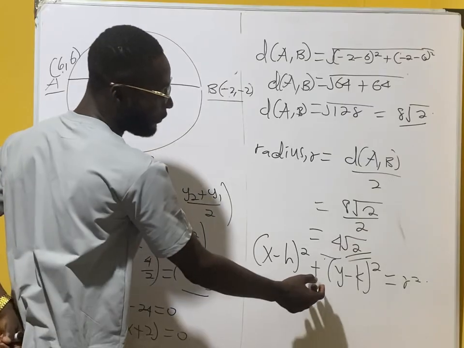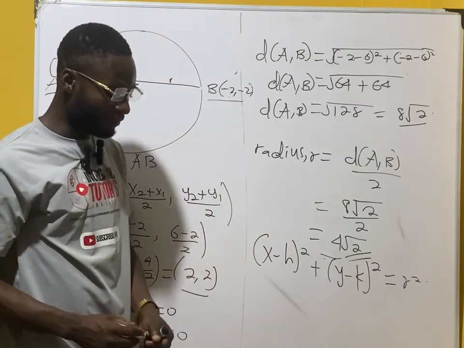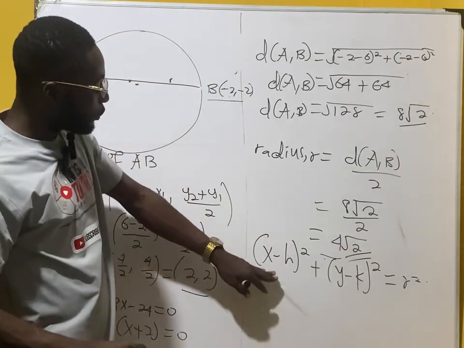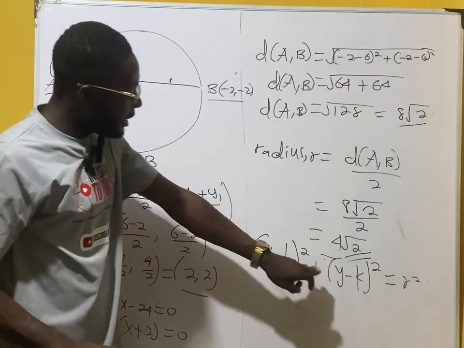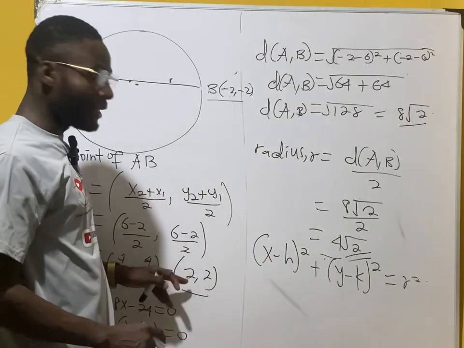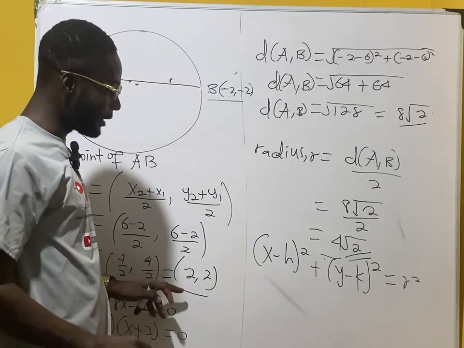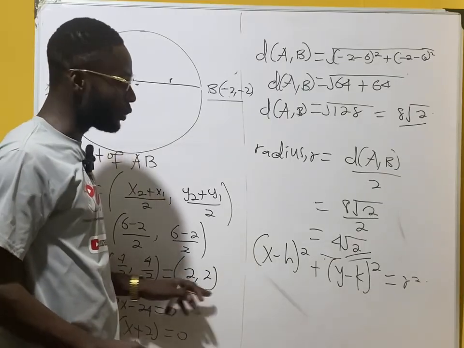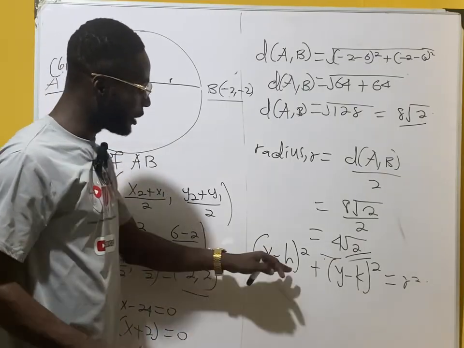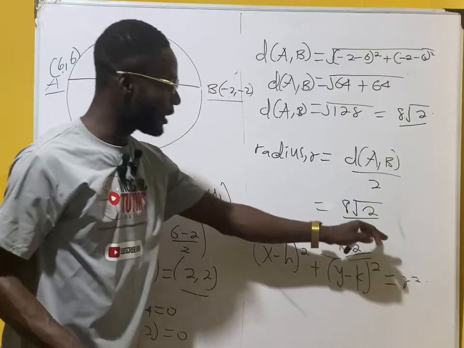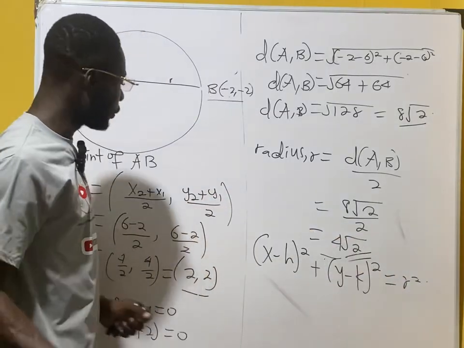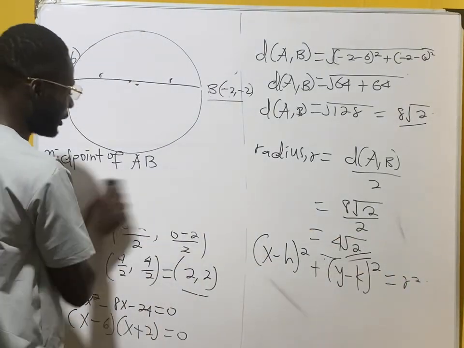That is the general form of the equation of a circle, right? So this h and k are the coordinates of the midpoint. So we're going to use 2, 2 for h and k, and the radius is right here. So we proceed from here.